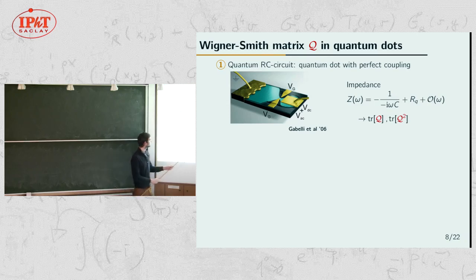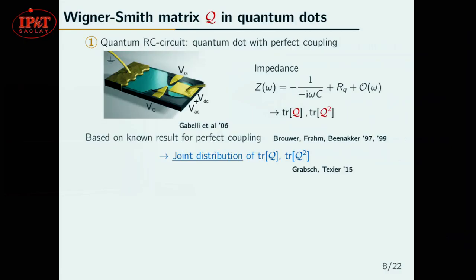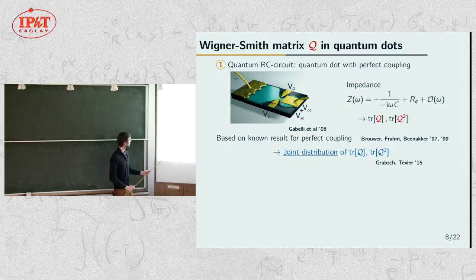And these objects are related to the trace of the Wigner-Smith matrix I mentioned before, and the trace of its square. And so what I did was to study the joint distribution of these two quantities to try to get some information about the statistical distribution of this impedance. And this was done using a result for the distribution of this matrix Q when the quantum dot is perfectly coupled to the exterior.